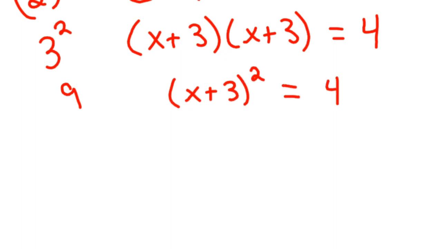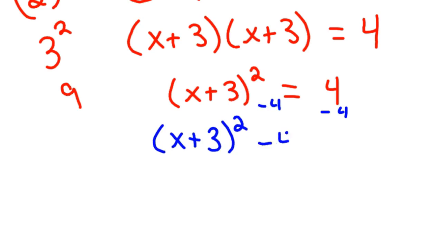And you'd keep solving. But I'm going to show you a step that you normally wouldn't do, just so you'll be able to see it when I do the algebra tiles. So this is x plus 3 squared, and what you could do is subtract the 4 to the left. And so it would be minus 4 equals 0.